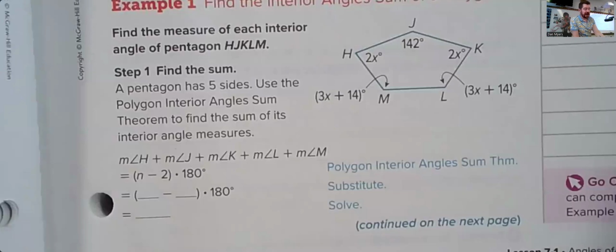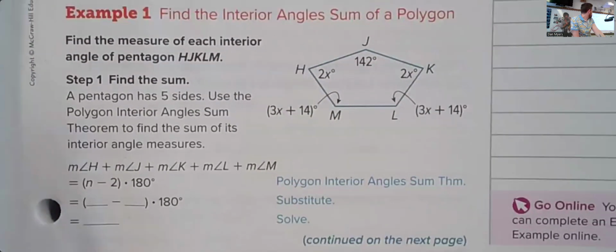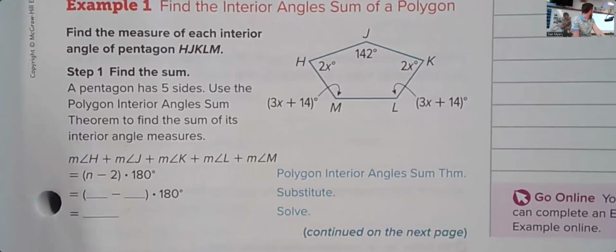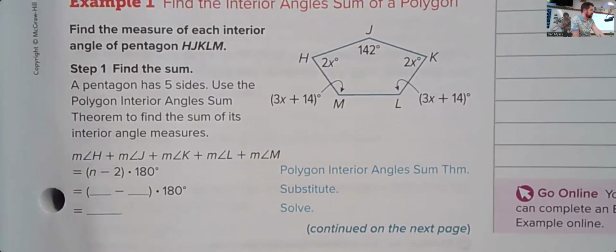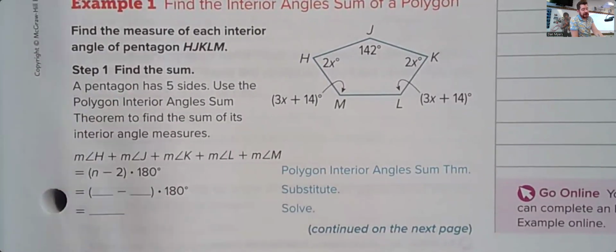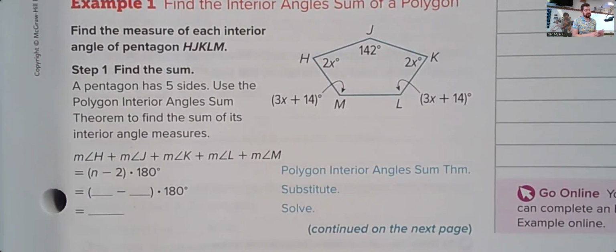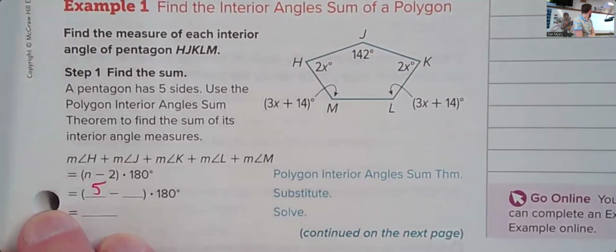Find the interior angles sum of a polygon. So first of all, how many sides are in this shape? It tells you right here. 5. Now, the number of degrees is going to be the number of sides, 5, minus 2.